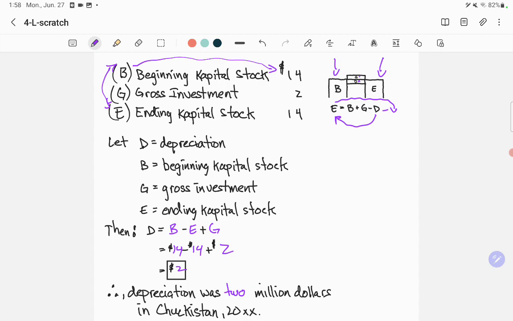Another way to look at it is if you have gross minus depreciation gives you net. If net is greater than 0, what happens to capacity? If net is less than 0? If net equals 0? Exactly.